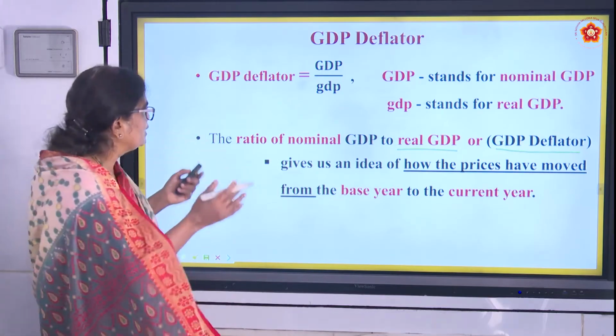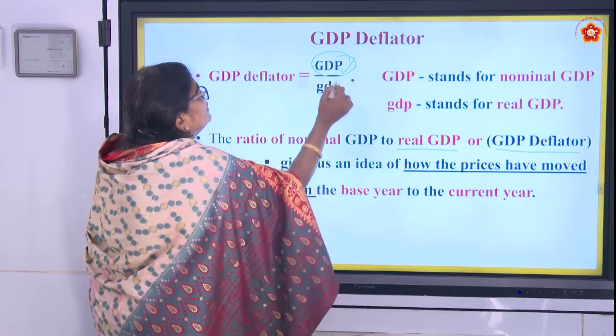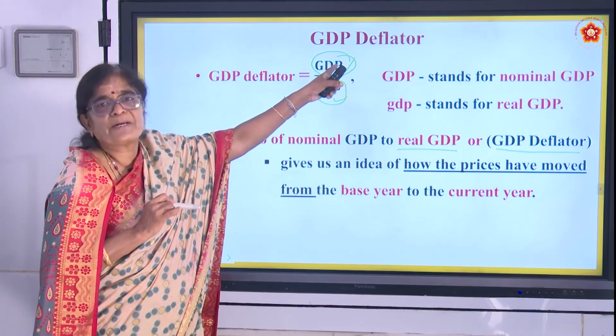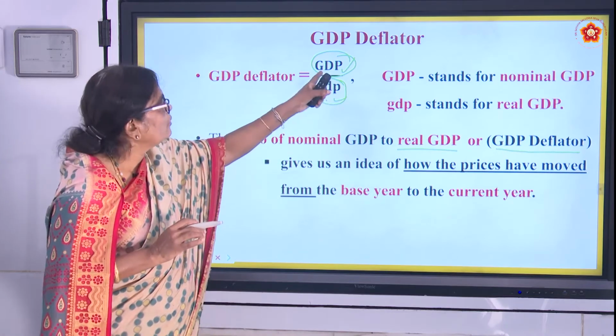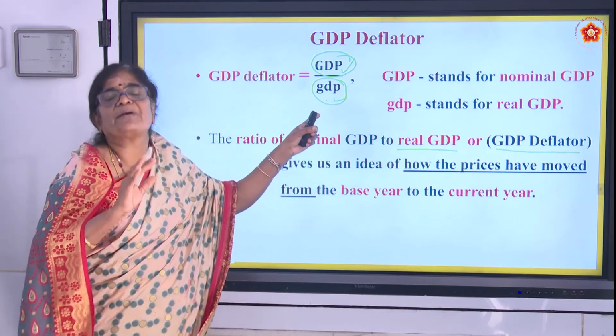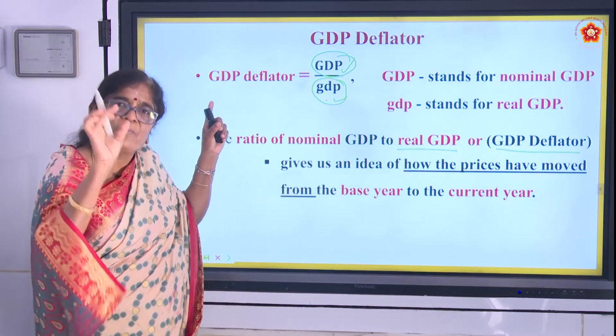Why? When we calculate GDP deflator, this is the nominal GDP, this is the real GDP. For nominal GDP we use current prices; for real GDP we use the base year prices. We don't change the price, we keep the base year price and only change the volume of product.